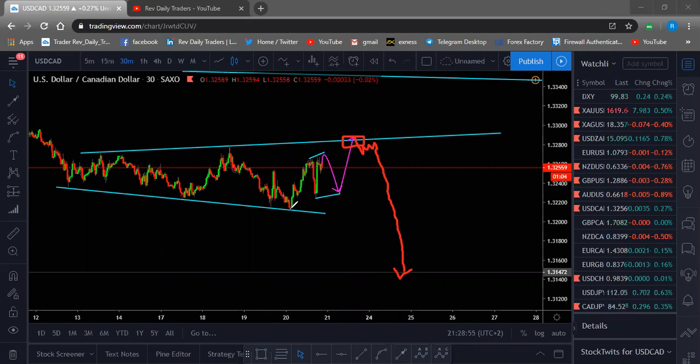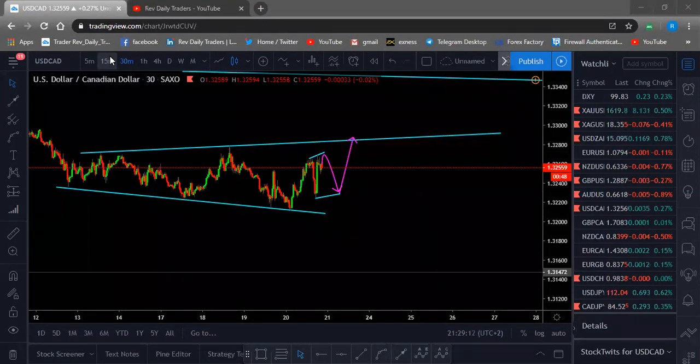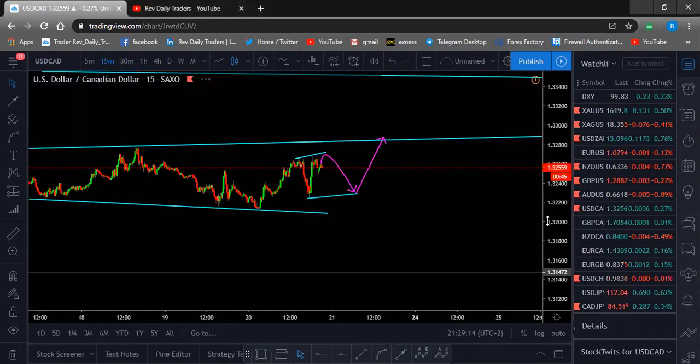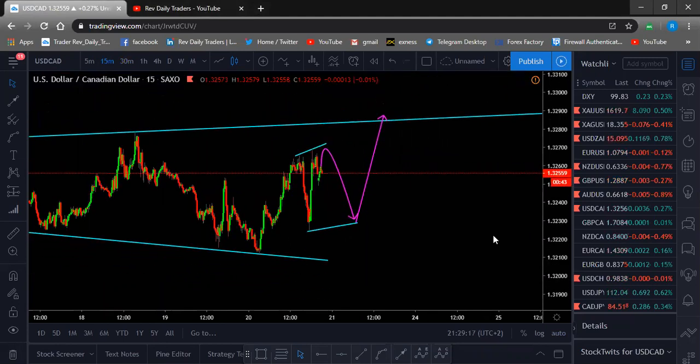Don't be confused here. This pattern, it's impulse, it's 1, 2, 3, okay? It's a 3-wave structure to give us one more up move there. Then on 15 minutes, it's going to be clearer how we see this pattern, okay?